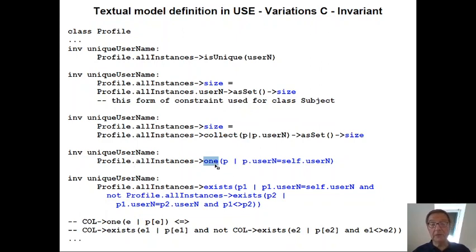And I'm requiring that there is exactly one profile P such that P.username is equal to self.username. Remember, recall, this self is the object for which the current evaluation of this invariant is done. So another formulation is here with a one.